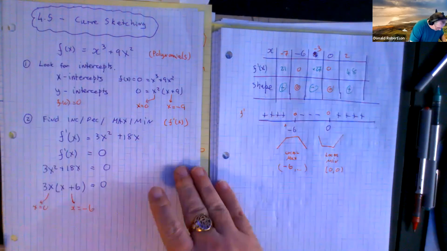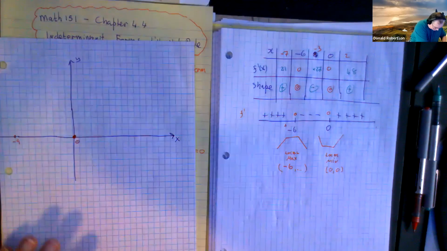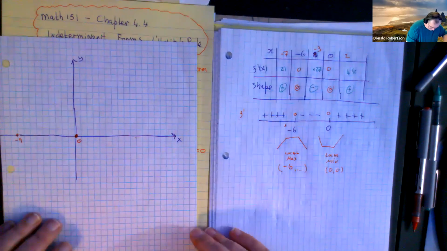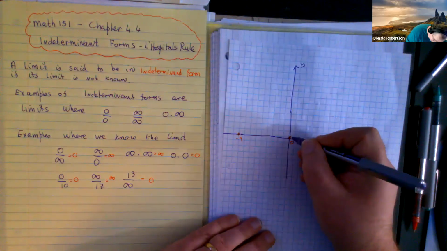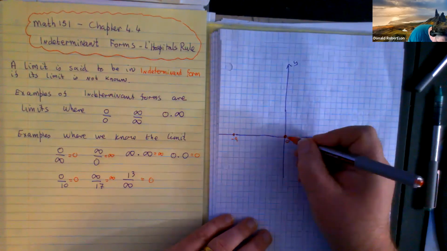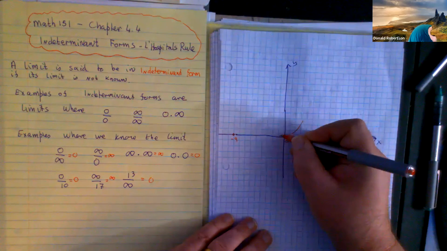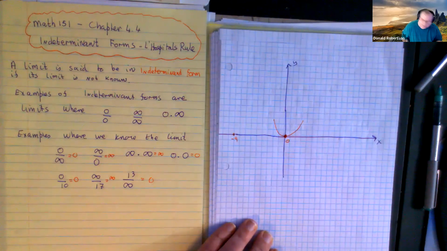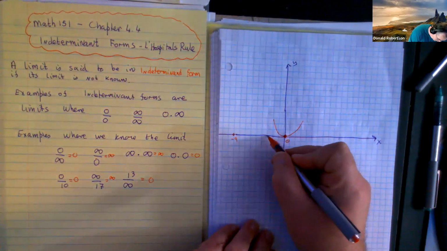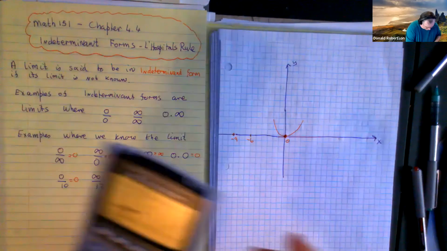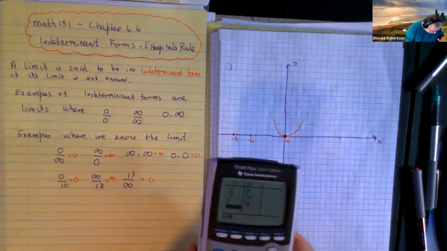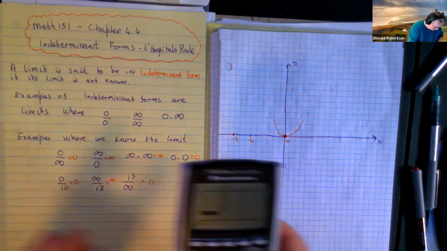So if I go to my little picture, I have at 0, 0 a local min. So I know that this curve is going to look like that, right? And at 1, 2, 3, 4, 5, 6, at -6, and I'm going to have to find the value of that. So here goes.